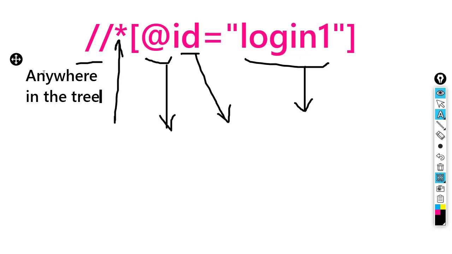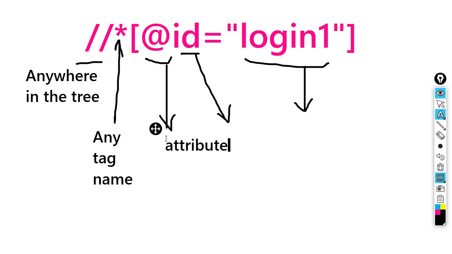Now this star, this specifies that any tag, right? So any tag name. Now what does this @ specify? @ specifies the attribute, right? Now the question is what kind of attribute? So the attribute name, right?